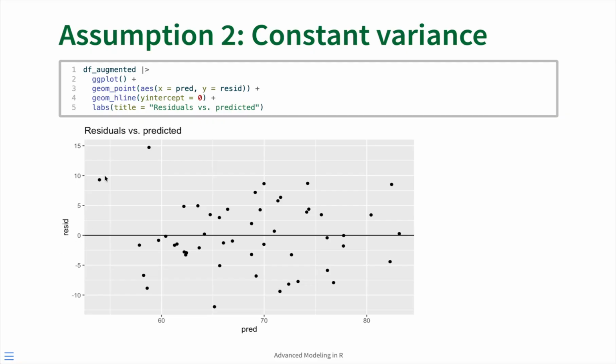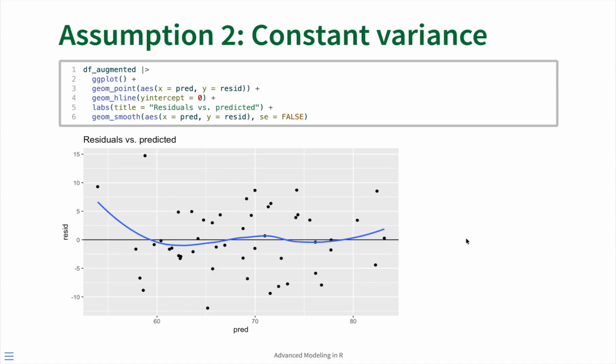What we want to see is that the spread of the residuals is constant throughout this graph, and that it's not narrow in one part of the graph and wider in another part of the graph. Again, to help us, we can add a trend line with the geom_smooth function, and what we want to see, as in this example here, is that the trend line more or less overlies the linear reference line created by the geom_hline function.